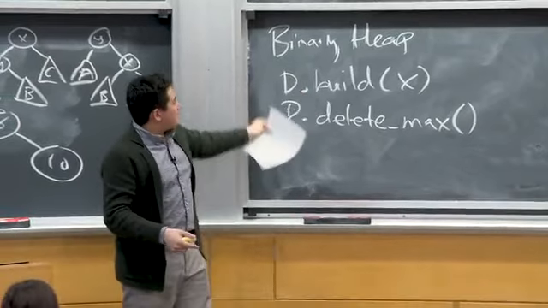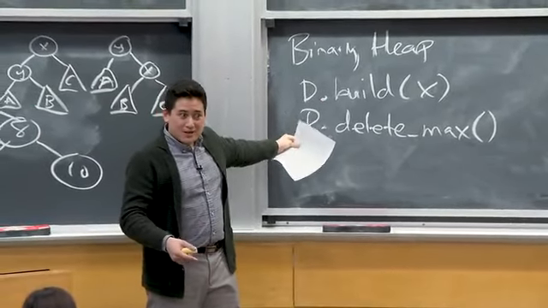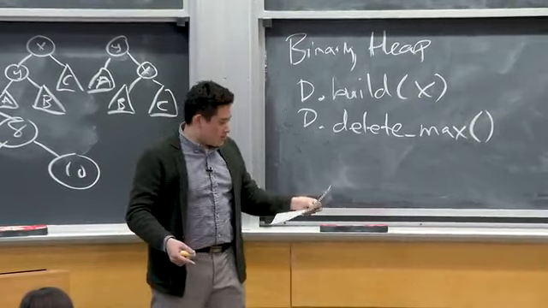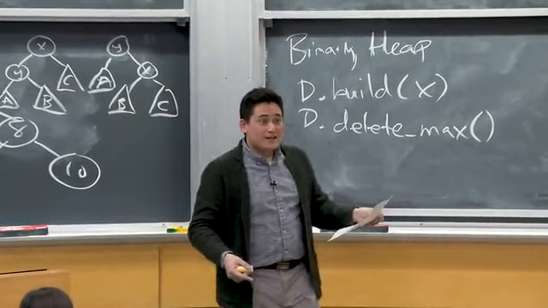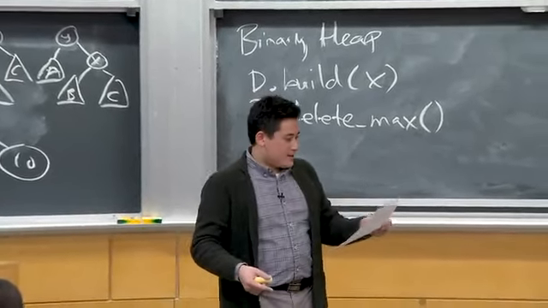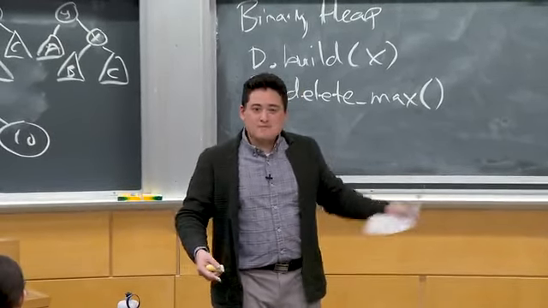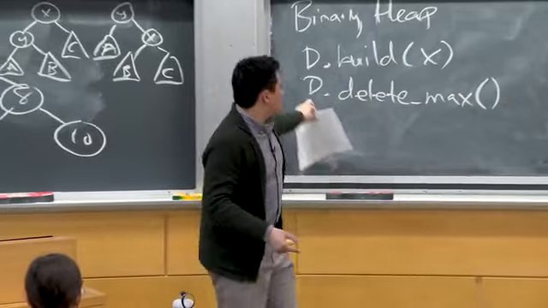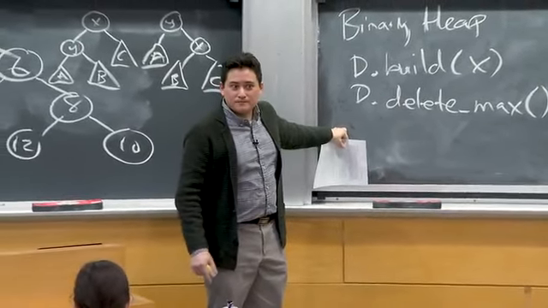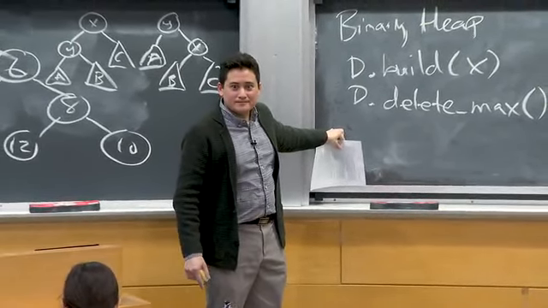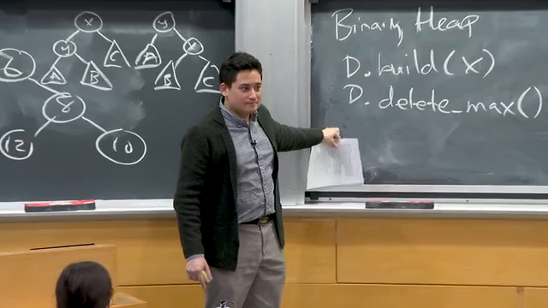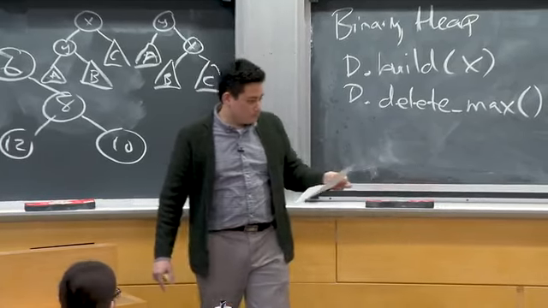If I had a data structure that implemented these two operations, can someone tell me an algorithm to generate the fixed list? Don't worry about running time right now, just use these two operations. So we built this data structure.